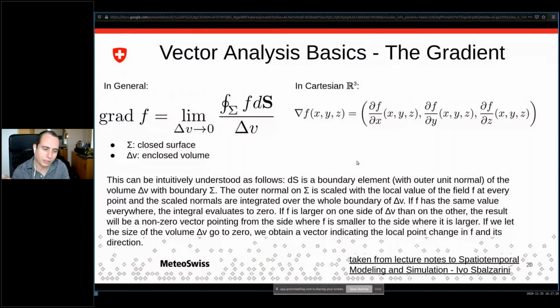So yeah, for me, usually it makes more sense to try to explain in words what's happening on the left-hand side than to make sense out of the differentials which are listed on the right-hand side. So for example, to understand the gradient, what one can do is, we have this limit of a volume, V or delta V, which goes to 0, and we have a surface around this volume.